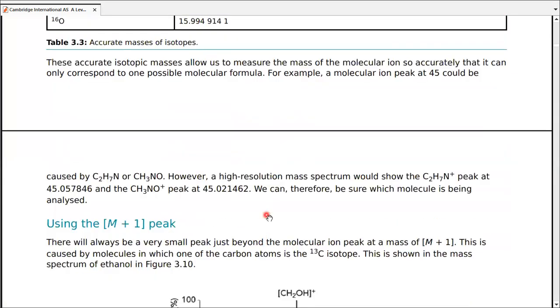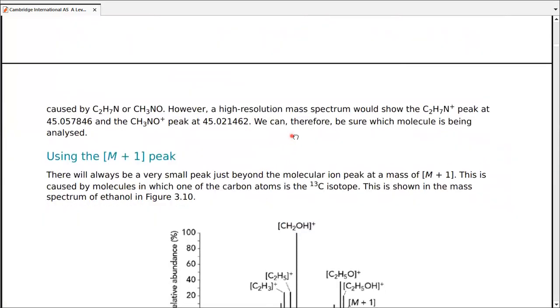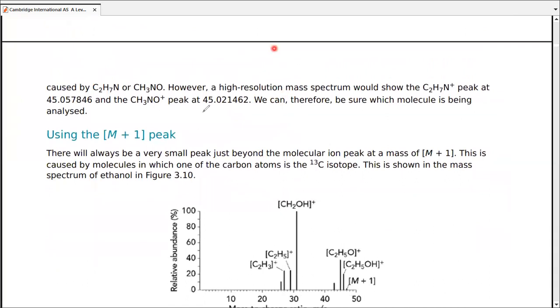But moving on, there is a very good example that discusses why we go with high resolution mass spectra. Take this example or this example, you'd see that both of them end up at the Mr of 45. How would we know which one is which? But if we go with high resolution mass spectra, notice the values have a difference.